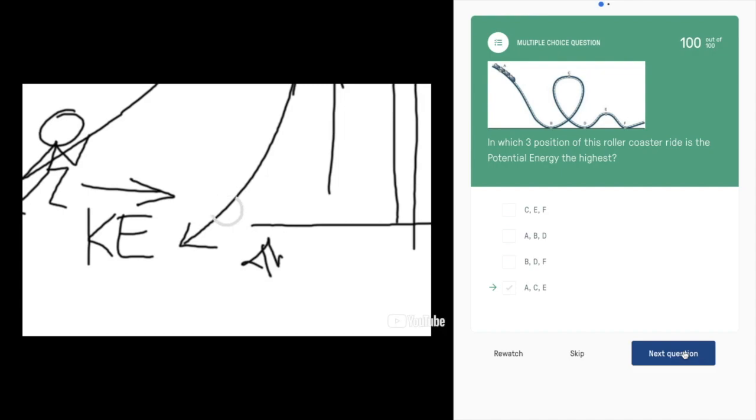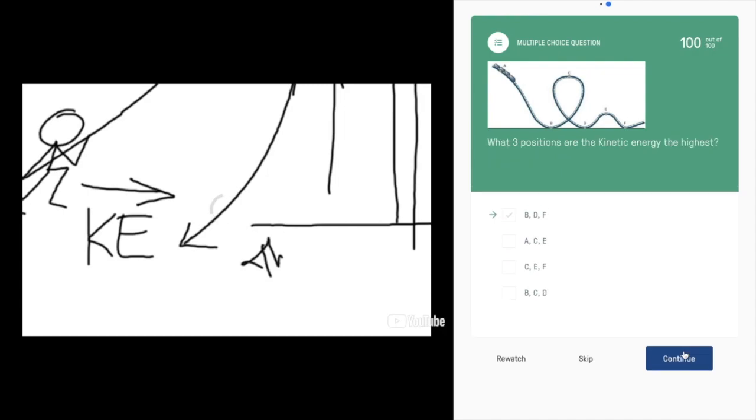Very good. For the next question, you got it right again. If the position is the lowest, that means it has the highest kinetic energy. That is why the correct answer is BDF. Good job, guys.